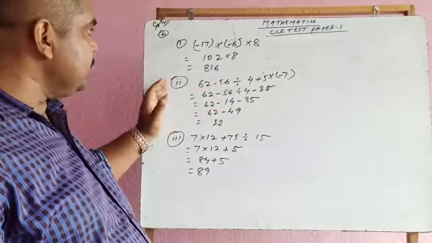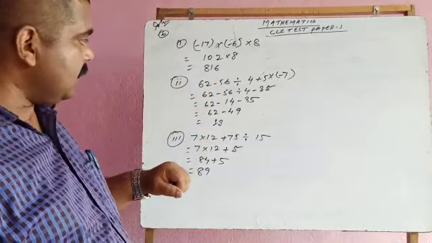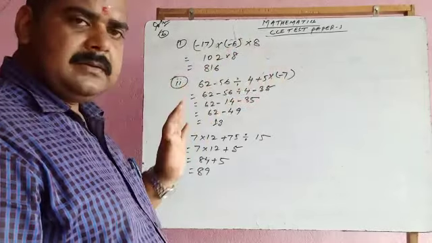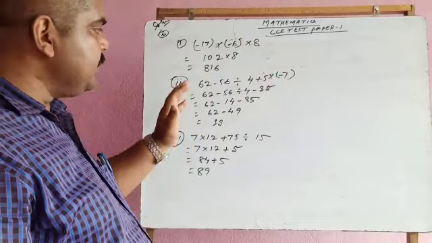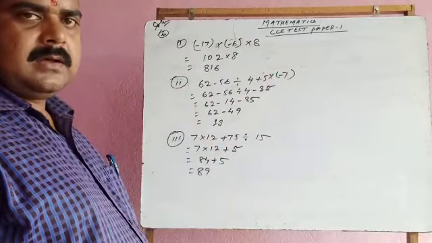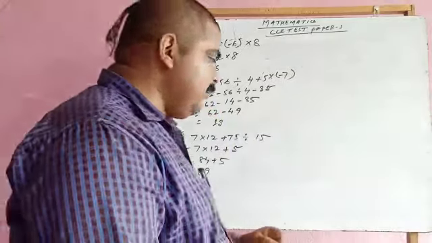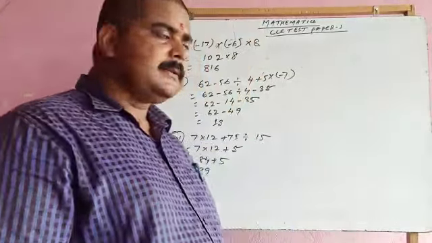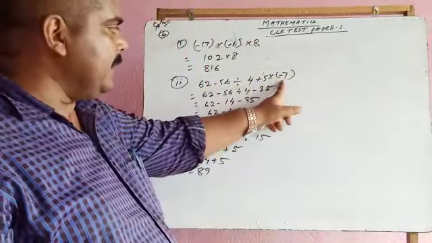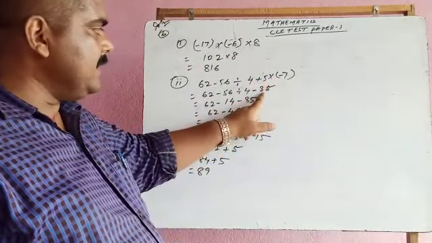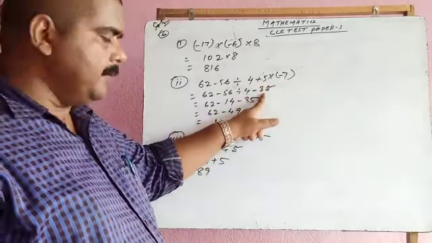The next question, second part of question number 6, has been given based on the BODMAS rule. You know very well that regarding BODMAS, at first you have to do the bracket, and minus 7 is multiplied by 5, the result is minus 35.